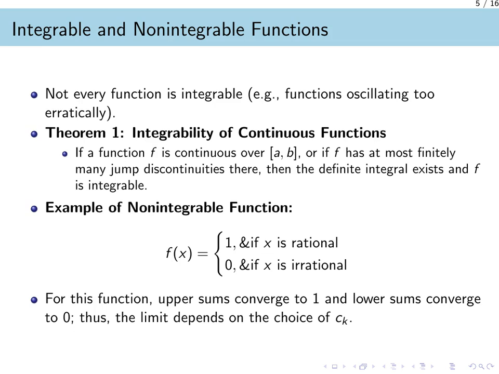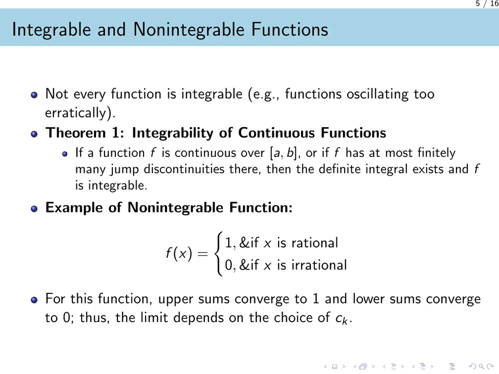It is important to understand that not every mathematical function can be integrated. Ideally, we want functions that are well behaved enough to have a calculable area under them. Theorem 1 states that if a function is continuous over a closed interval, or has only a finite number of jump discontinuities, it is guaranteed to be integrable.